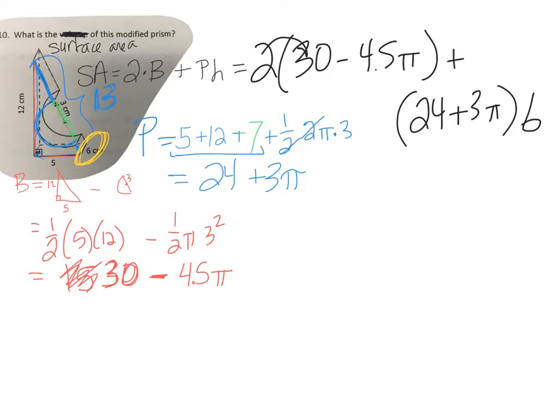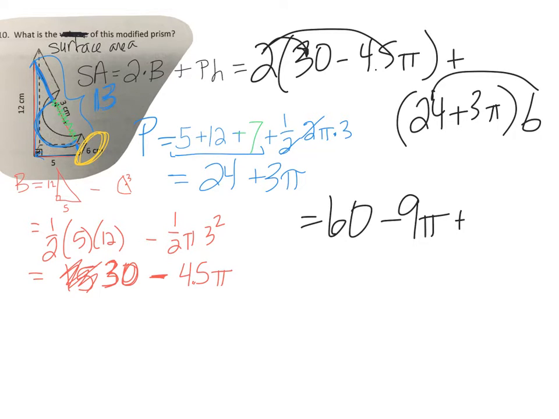So we distribute: 2 times 30 is 60, minus 9 pi, plus 6 times 24, which is 144, plus 18 pi.